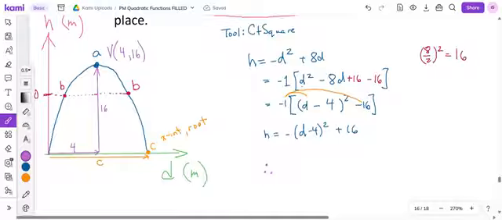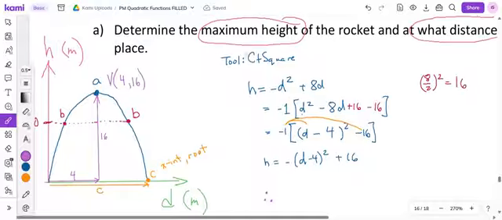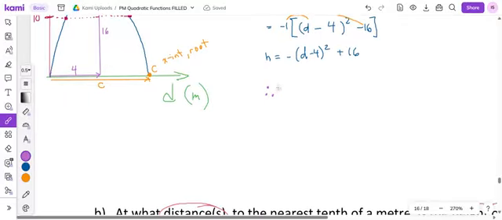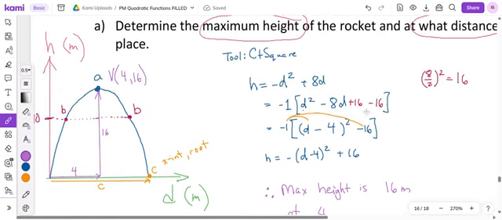Okay, so we can say, therefore, max height and what distance? Max height is 16 meters at 4 meters. What's the wording they used?